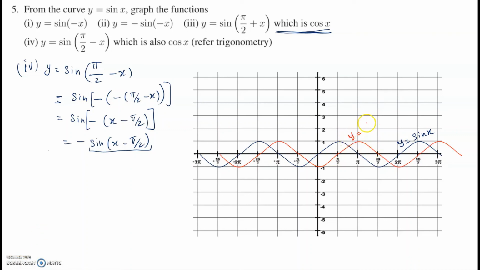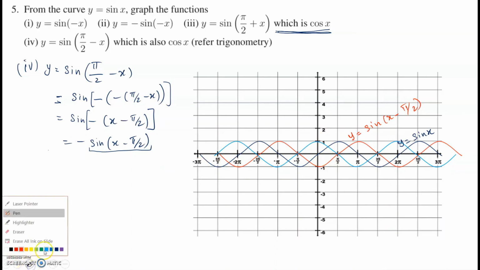This is your y is equal to sine of x minus pi by 2. But what we really need to get is minus sine of this graph. So when you say minus of this, that will be a mirror reflection of this graph on the x-axis. So that's the exact reflection of this.